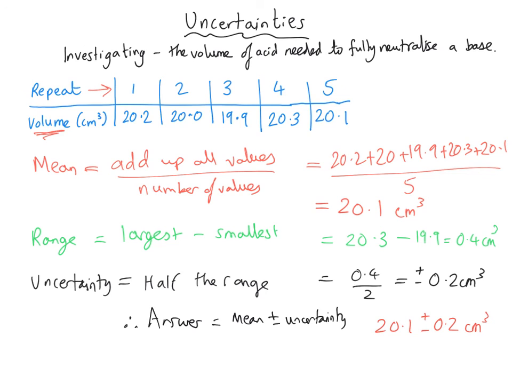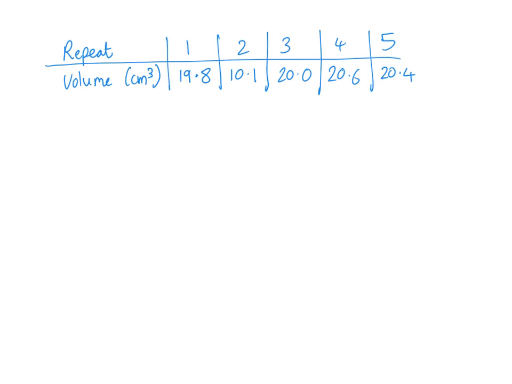And so we think our answer was 20.1, but it could have been as high as 20.3, that's when we add the 0.2 on, or it could have been as low as 19.9, which is when we take away the 0.2.